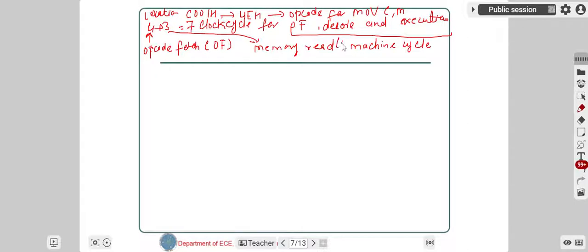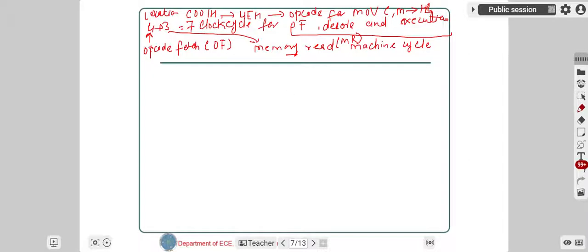We would call it the MR machine cycle. So OF machine cycle and MR machine cycle. Memory read means this CPU has to read data from memory pointed out by this HL contents. So for that we would require another operation, which is called memory read cycle.